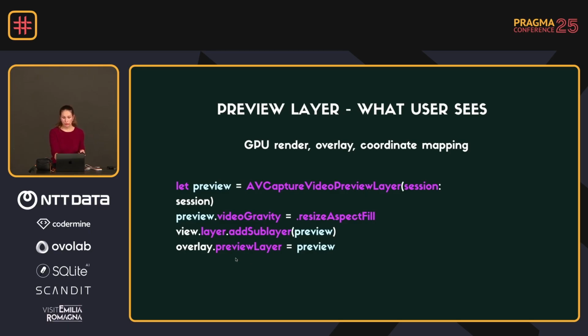And the preview layer is actually rendered directly by the GPU, so it's fast, it's low latency, and we draw our overlays on top and give it to Vision for coordinate conversion. This is how bounding boxes and the landmarks appear in the right place. And as I've said again, since we're using the front camera, we need to enable the mirroring.